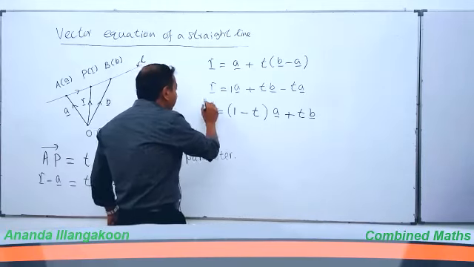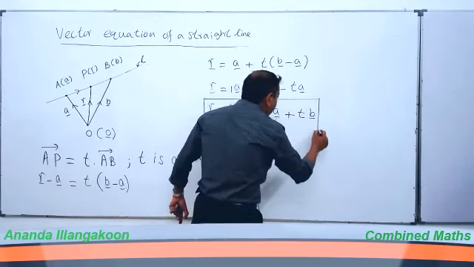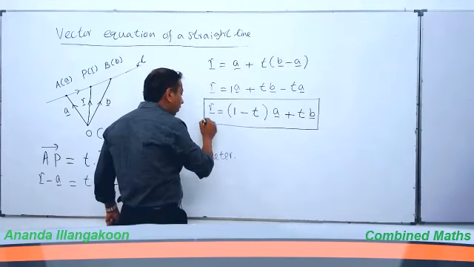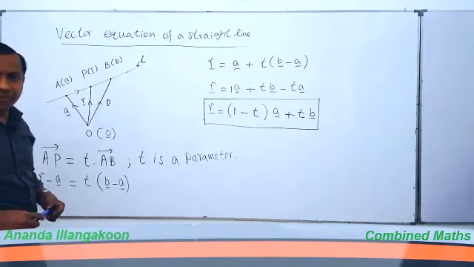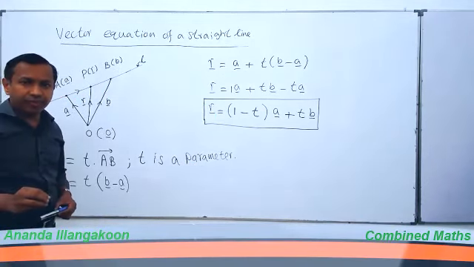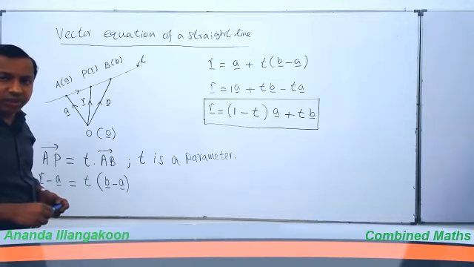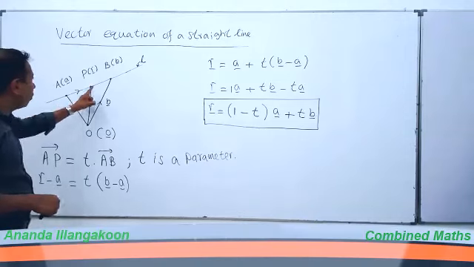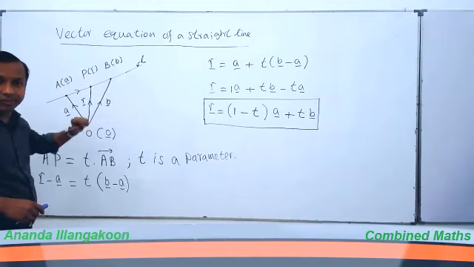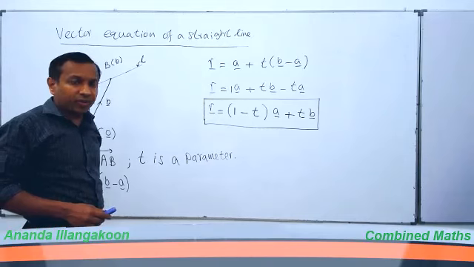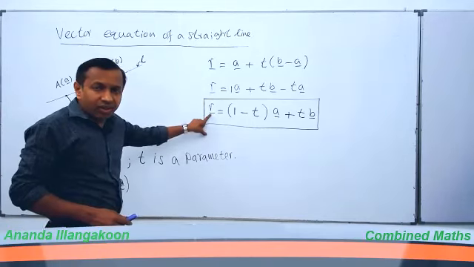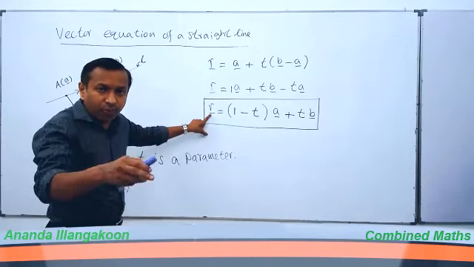Right? So then we'll keep this in our memory. People, then how to write the vector equation of a straight line when we are given two known points on the line with position vectors? Very easy, people. What is this R? Position vector of any point on the line.